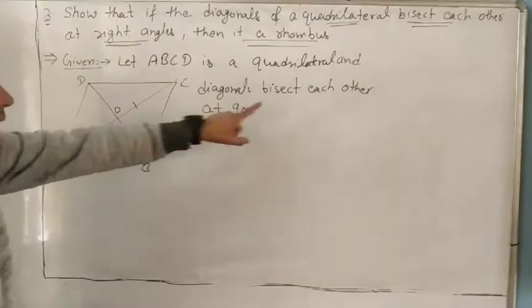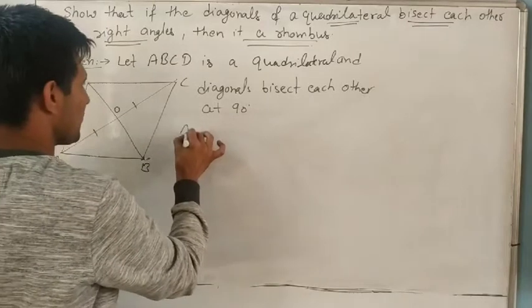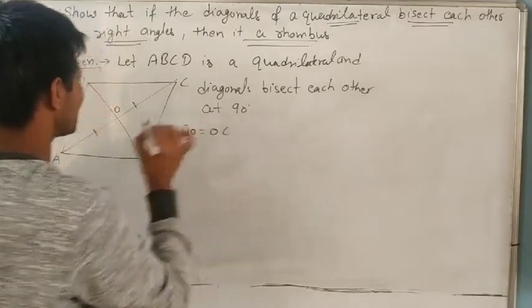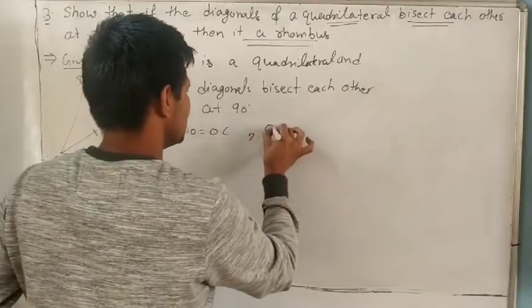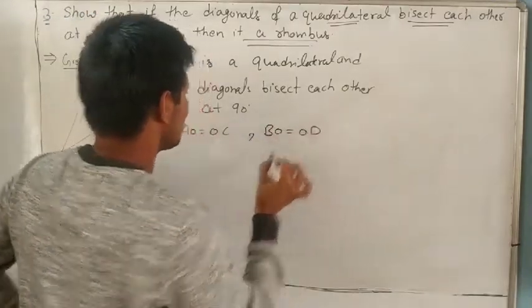Diagonals bisect means AO equals OC and BO equals OD. Yes, that is the meaning of the diagonals bisect.